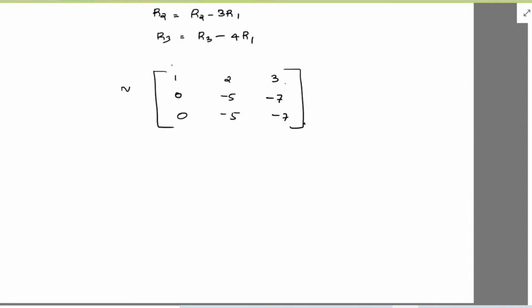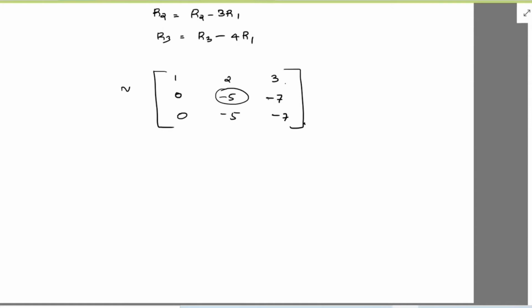We can do it like that also, but dividing by minus 5 makes some fractions. If you divide by minus 5, this will become 1, that is okay, but the next element will become 7 by 5. That is a fraction.